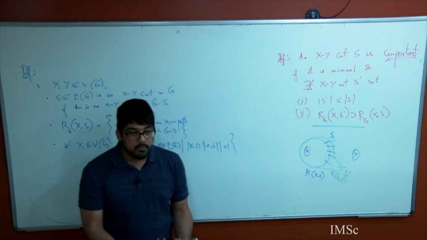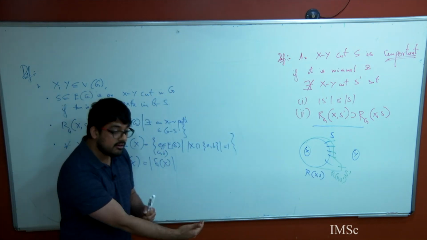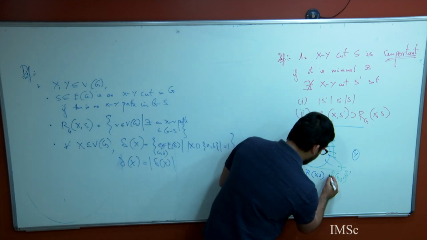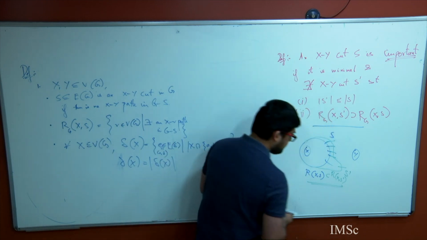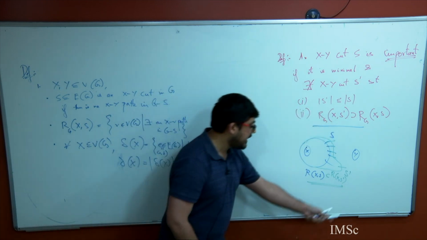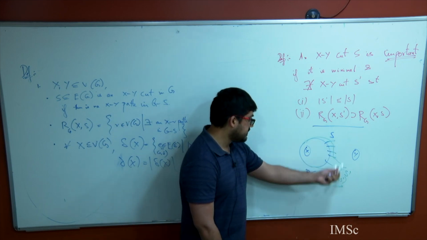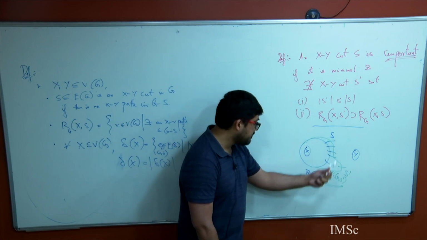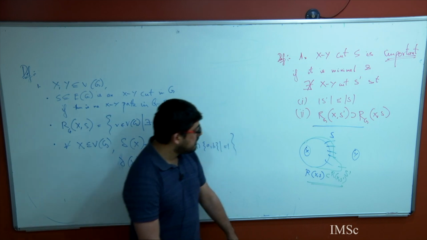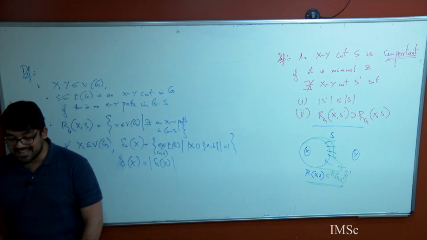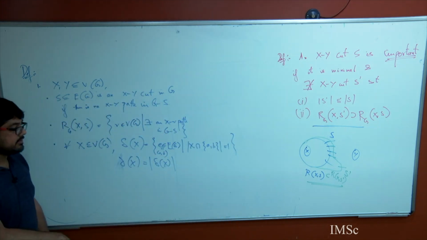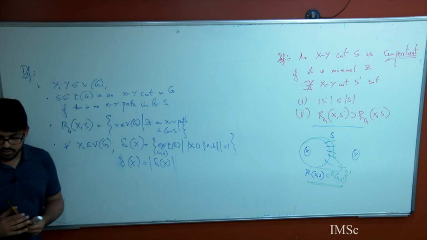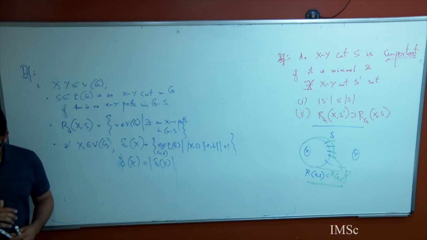Now, how have we formalized this word farther? This is how we formalize that. So there should not exist an S prime which has size at most that of S, and allows X to reach strictly a superset of whatever it was reaching before.